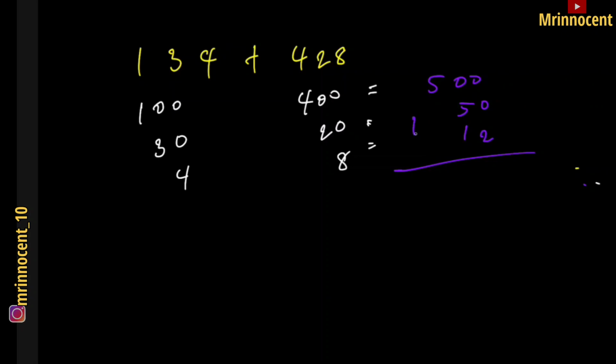You add: 0 plus 0 plus 2 is 2. 0 plus 5 plus 1 is 6. Bring down 5. So you have 5, 6, 2. So your final answer is 562.